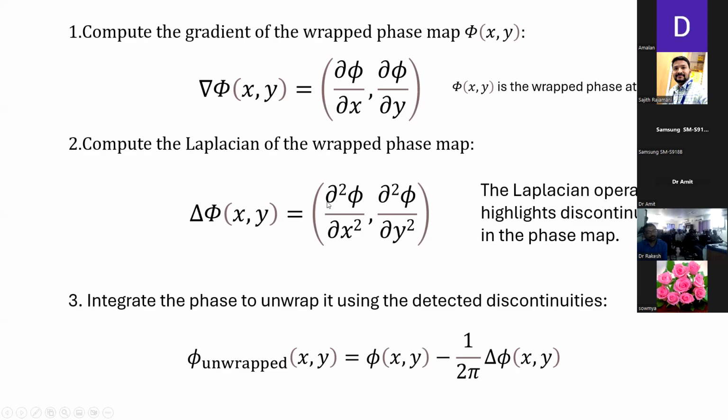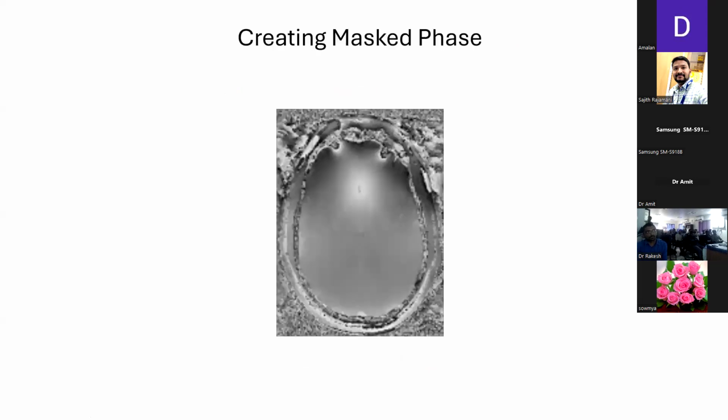Once we get the Laplacian and gradient map, we can integrate these to actually unwrap the phase. Ultimately, if you use this particular equation, it removes the multiples of 2 pi, which actually caused the wrap artifact.